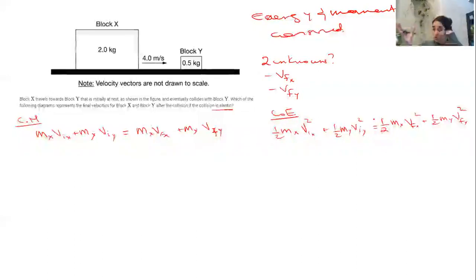All right, so here are our two equations. These are the two equations that we're going to use in order to figure out what our final velocities are for both. One cool thing is that the initial velocity for block Y is equal to 0, so we can eliminate this term over here, and this term in the other equation also goes to 0.